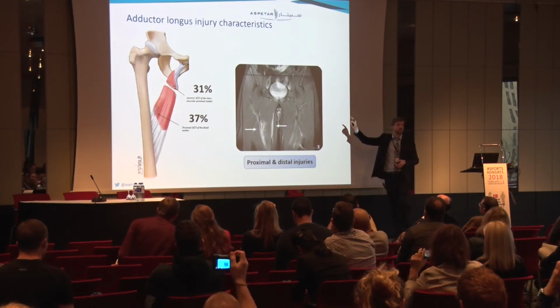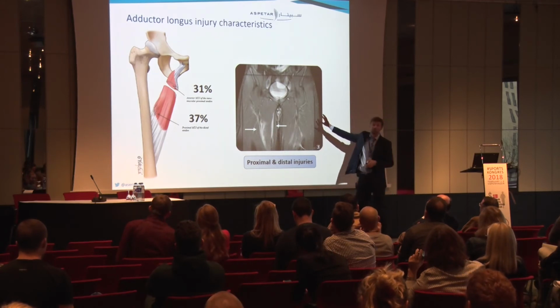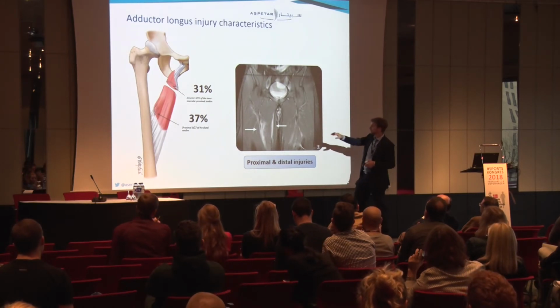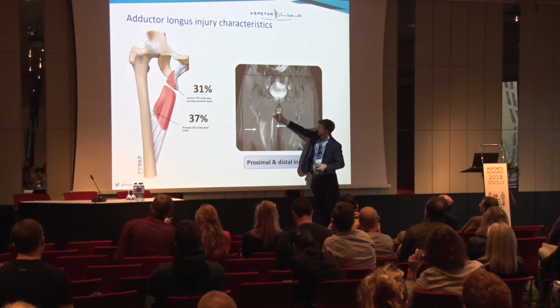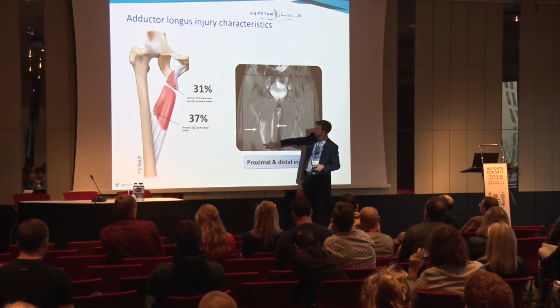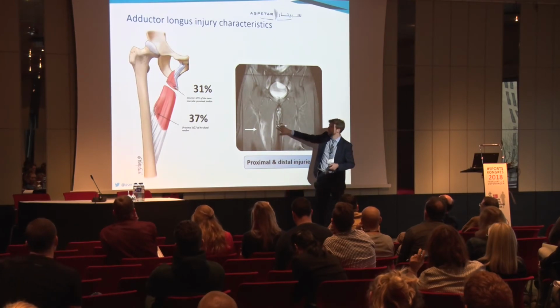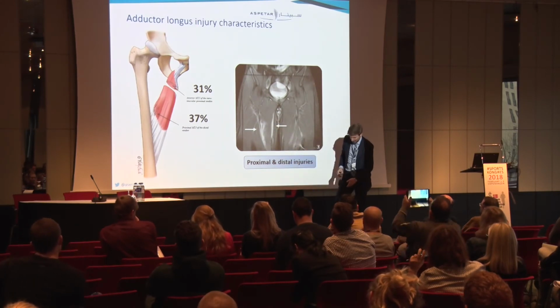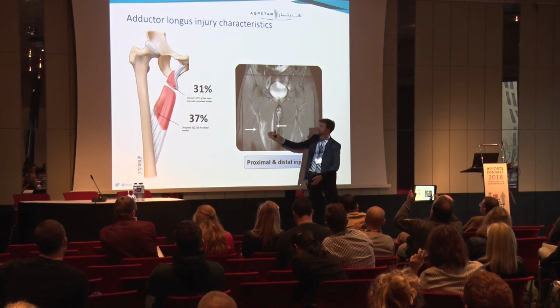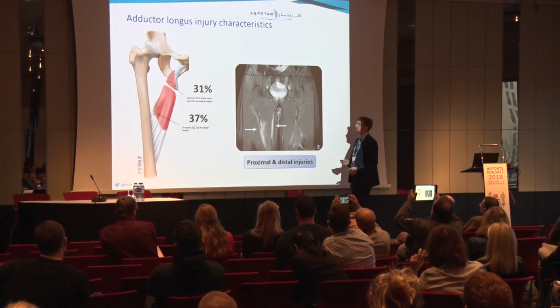And then we have these two interesting differences within the adductor longus muscle, and we can see here I put two MRI images on top of each other. We can see here the proximal tendon going down here, and we have the injury around here with the edema extending down the thigh, and we have the edema from the distal lesion proximally here, which means that if you just go in on the middle of your thigh, you're going to be pressing an area which could be similar regardless of where the injury is.